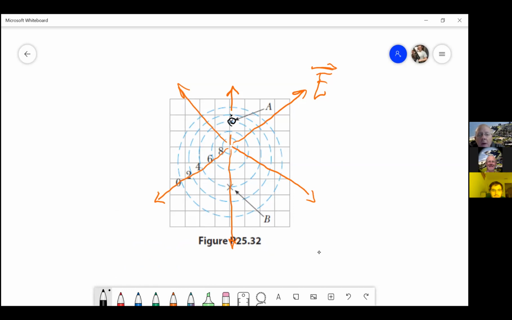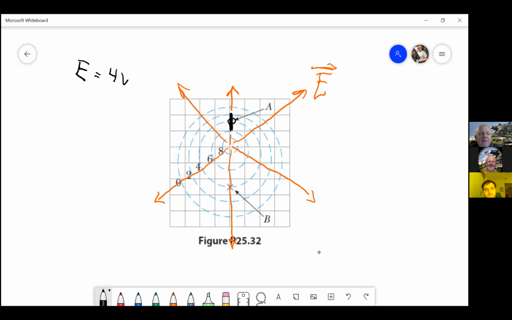So from here to here, I'll just color it in black. That's 1 centimeter. And it's a change from a 2 to a 6. So it's 4 volts. So mathematically, I would do this. Electric field is how the voltage changes with distance.